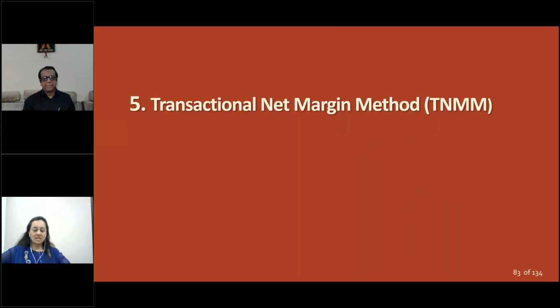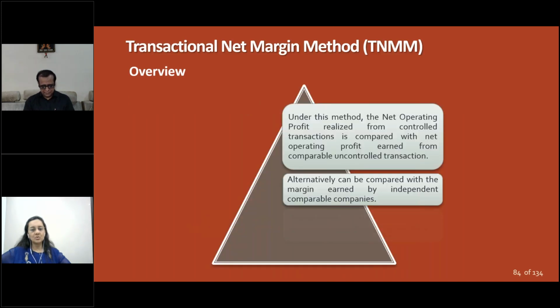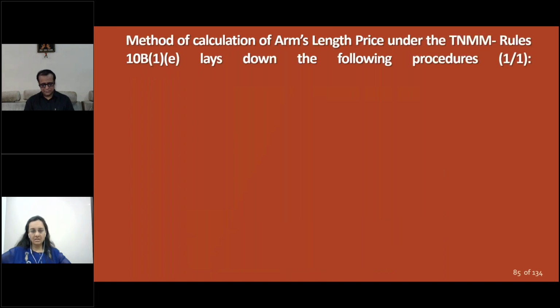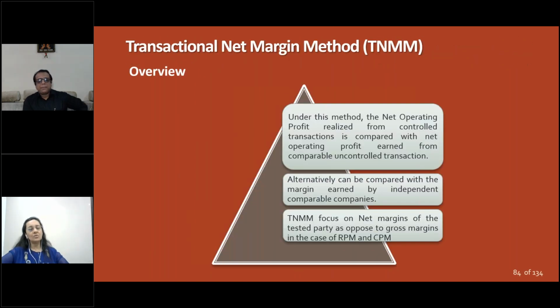So, transaction net margin method. It is the method that is most widely used. Some people used to say it's a residuary method. The OECD has said it's not a residuary method. It is also a profit-based method, which can be applied in a most reliable manner.